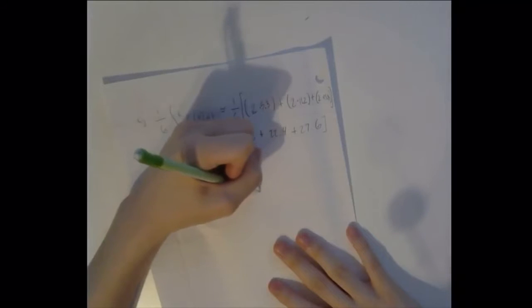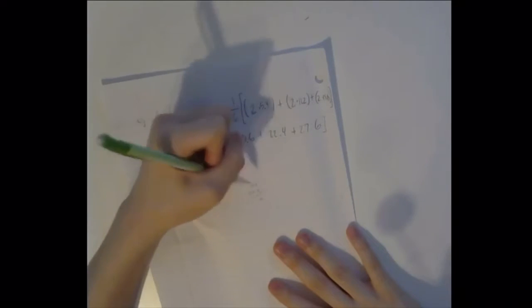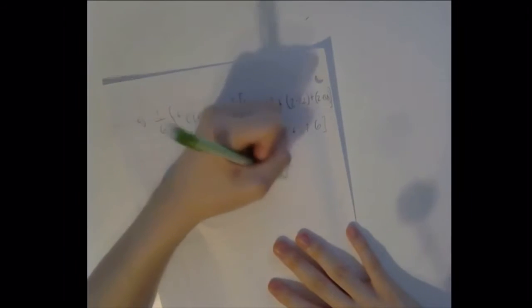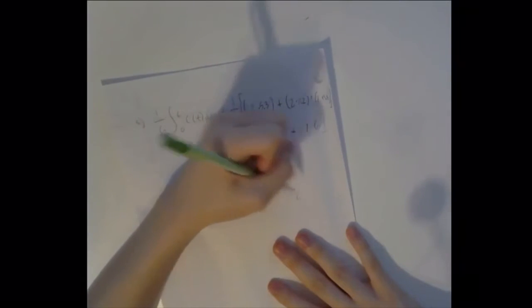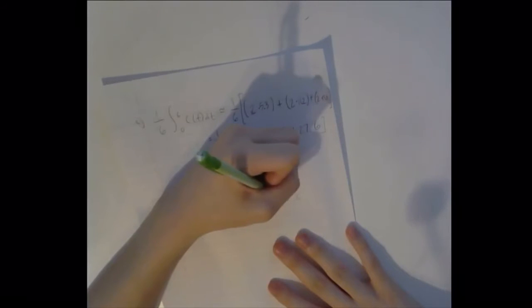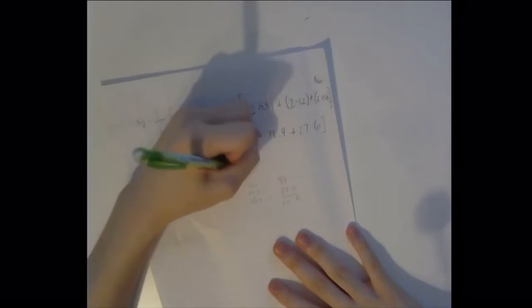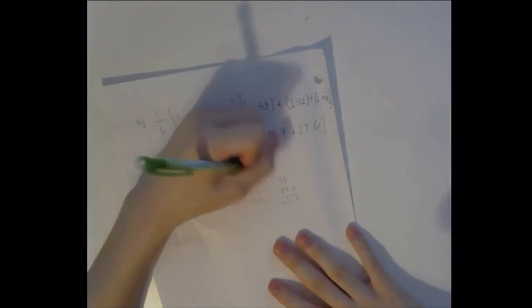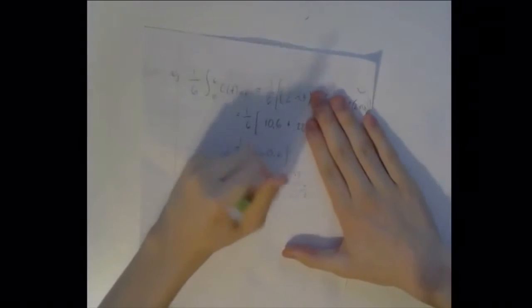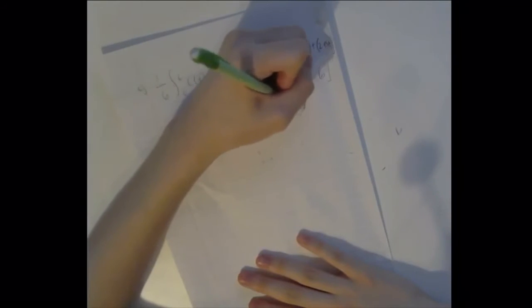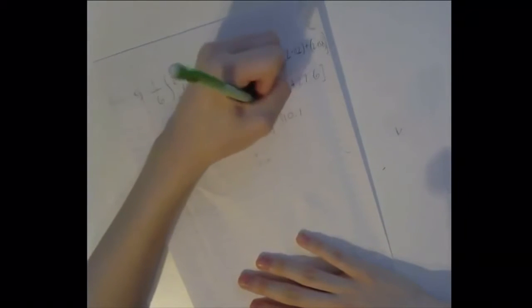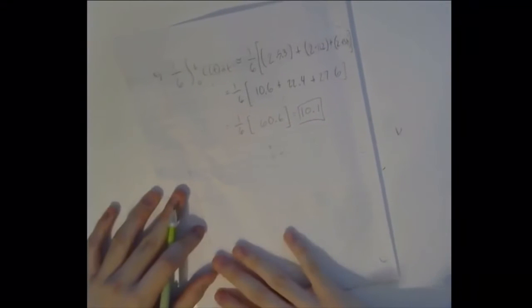Do some scratch work on the side. So you get 33 plus 27.6. You get 60.6. So let's erase the scratch work. And then 1/6 times 60.6 is going to be 10.1. And that is our approximate value for the integral.